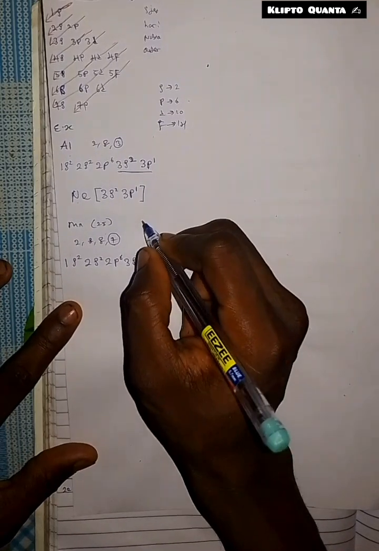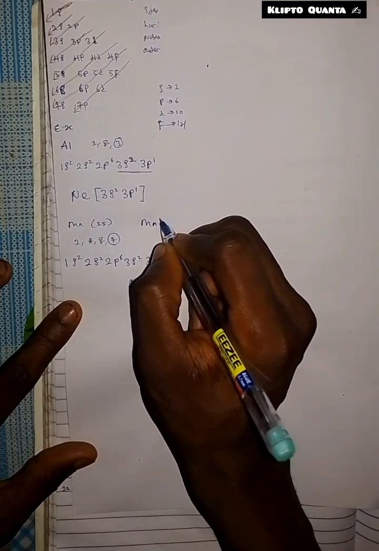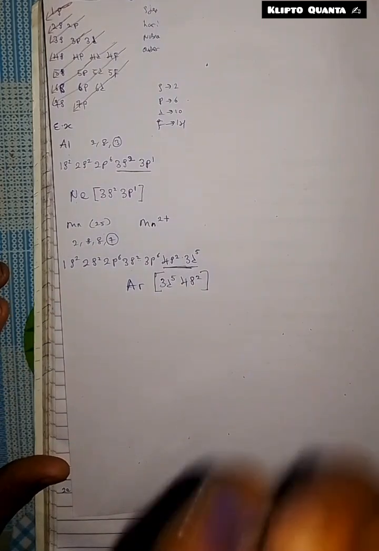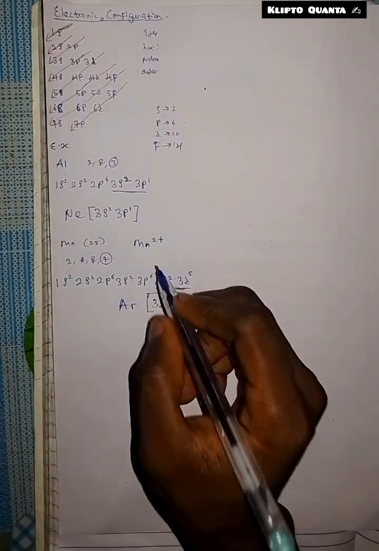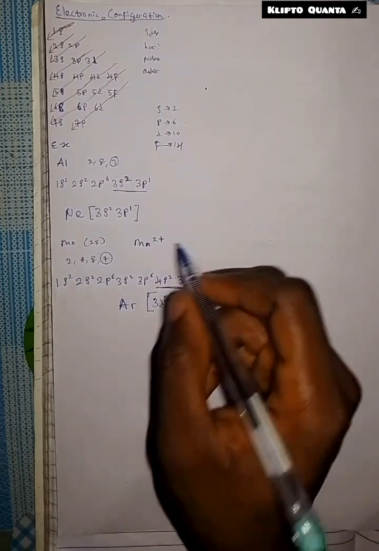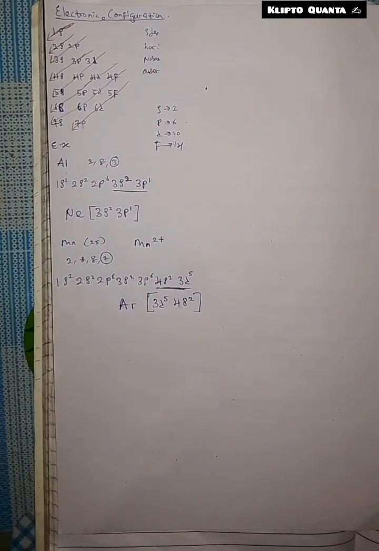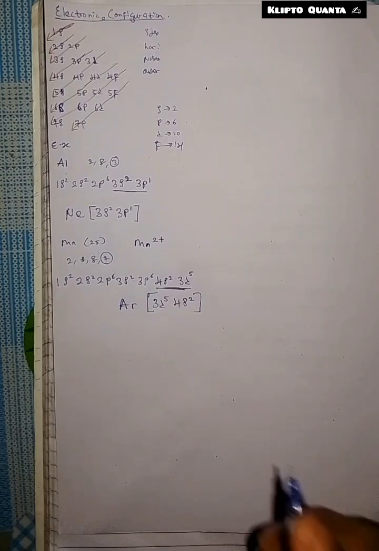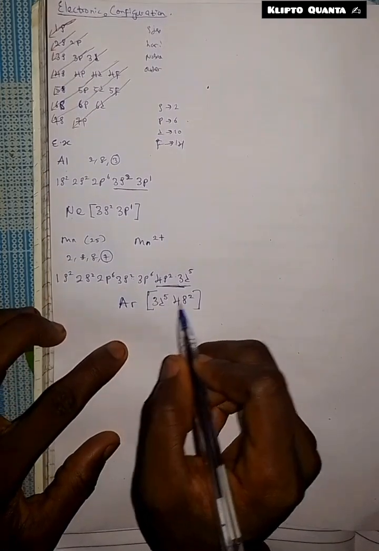Now people do ask, what if you have something like Mn2 positive? We all know that when a particular element becomes positive, it loses electrons. Now it is still easier. What you still have to deal with is between the two.